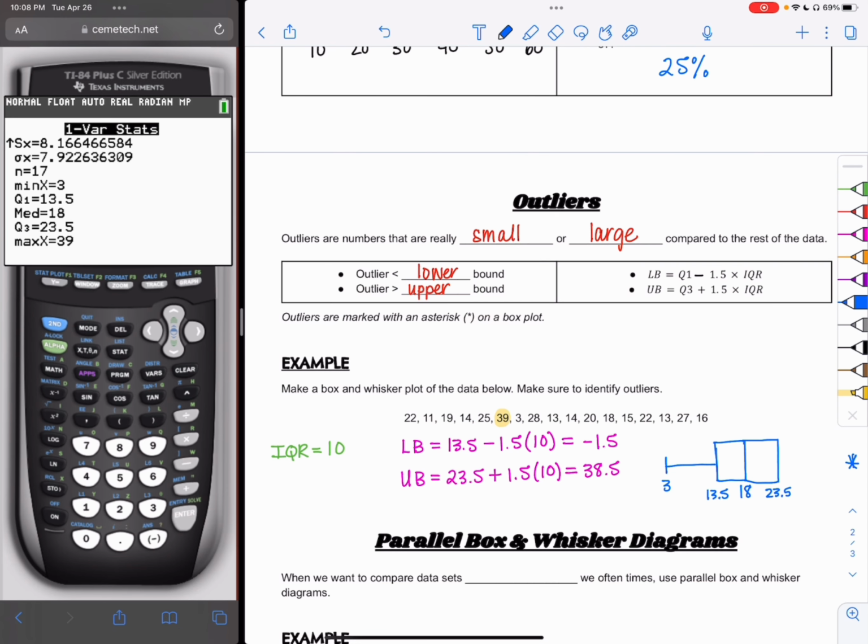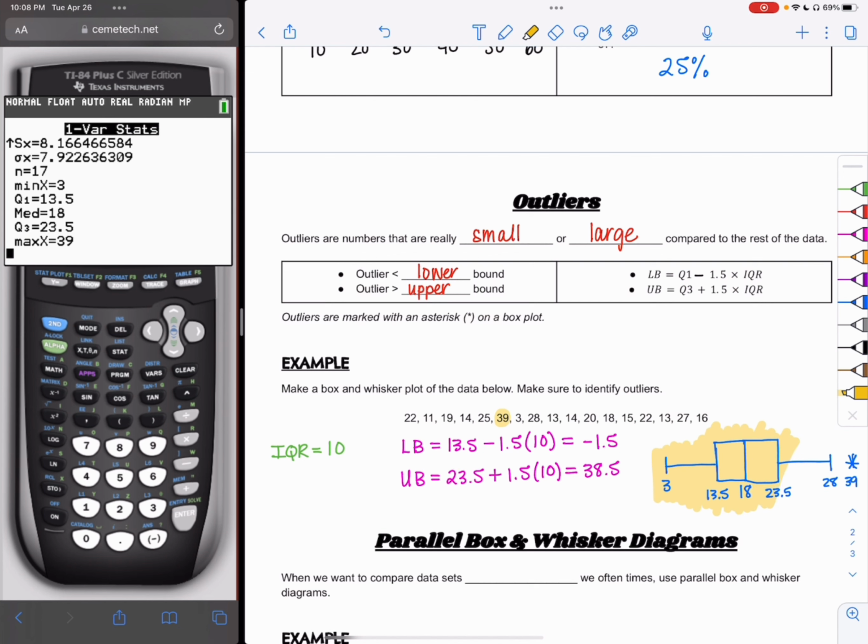And then the next number down from 39, not 35, but the next number down from 39 is going to be 28. So 28 would be where that whisker would stop, which will be somewhere here. So that'll be 28 here, and this will be 39 here. All right, so that'll be how we draw the box and whisker diagram with the outlier listed.